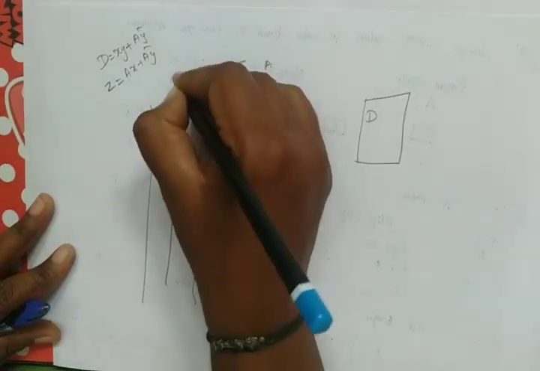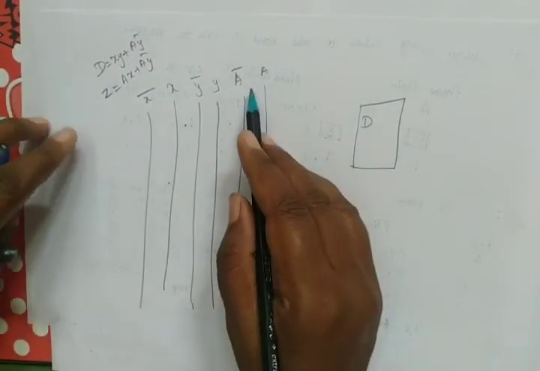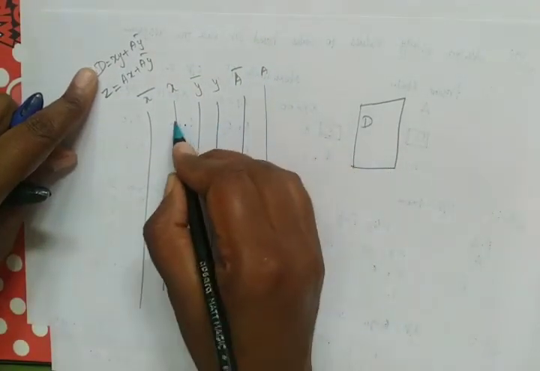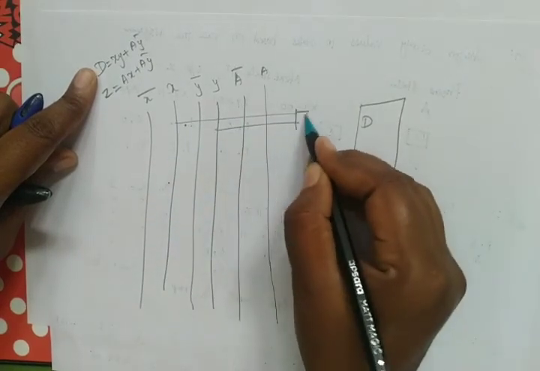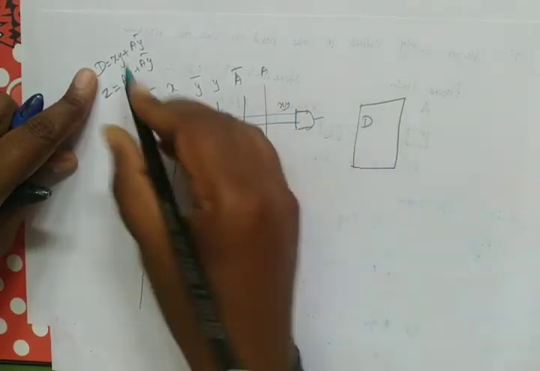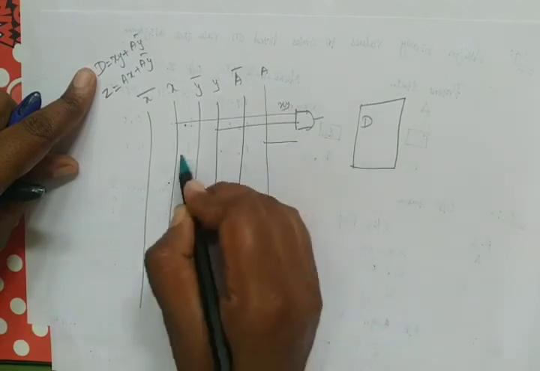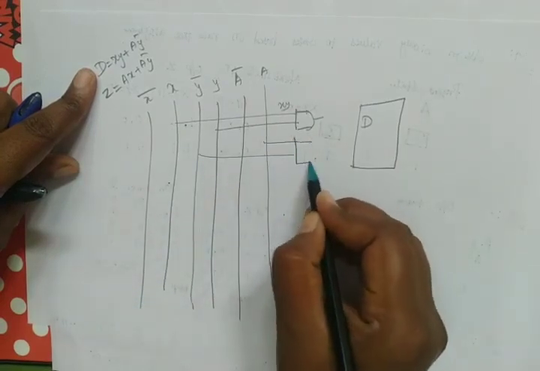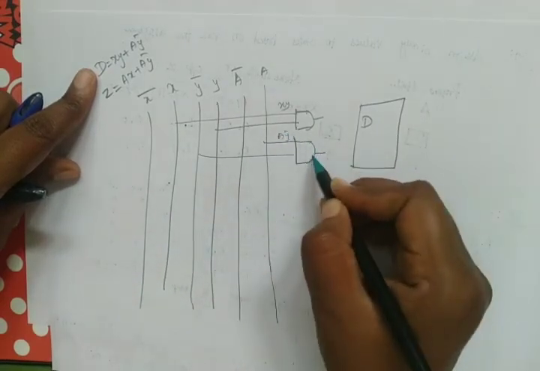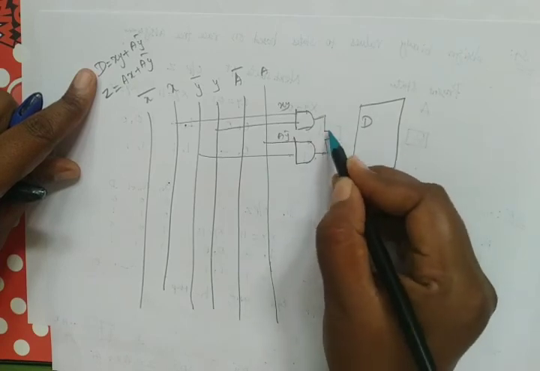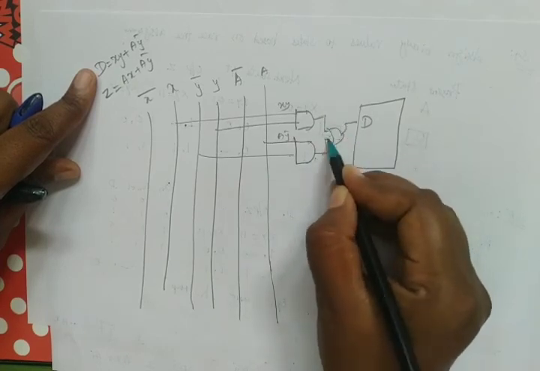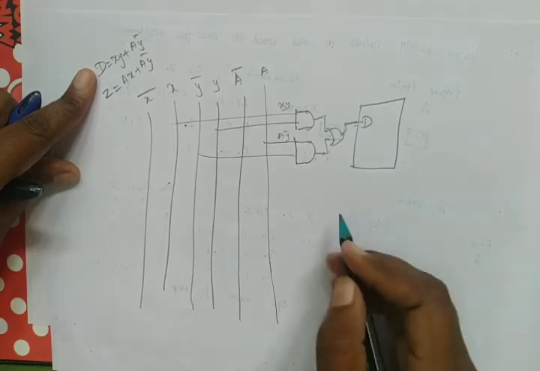Let us take this as y bar. Let us take this as x bar. Now what is D? D is equal to xy. So this is xy. Then A y bar. This is A y bar. These two are added, so use an OR gate. Then this should be given to the D flip-flop.